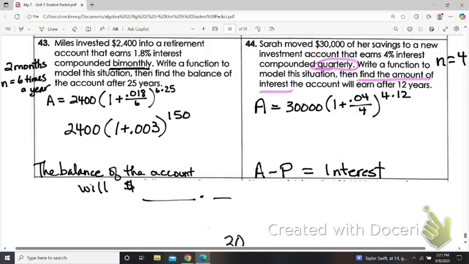And then if it comes out nice and neatly, then we can clean it up before we put it in the calculator. If it's a whole bunch of decimals, especially if there are big numbers like this 30,000, you want to put the whole thing in the calculator so you don't lose any accuracy. In this case, 4% divided by 4 is just 1% each quarter, and then we can raise that to the 48th power.